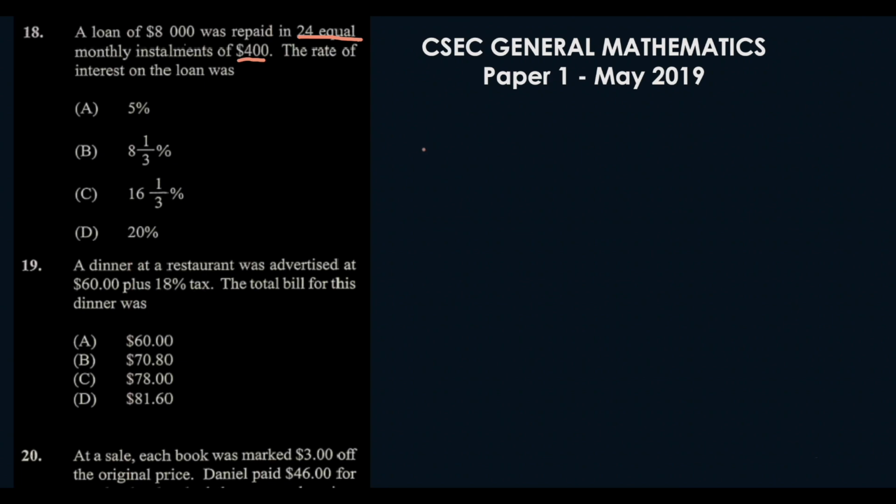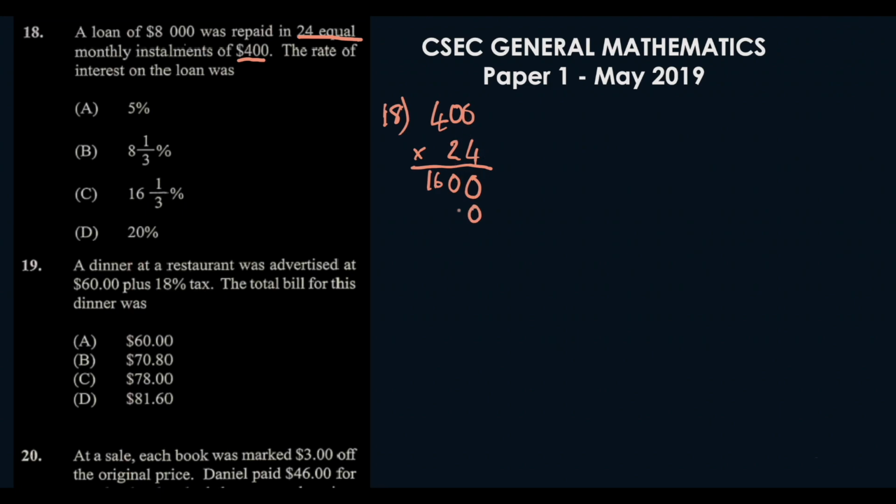So we have a loan of 8,000 repaid at 24 months with 400 per month. So 400 times 24, that would be 4 times 0, which is 0. 4 times 0 again, 0. 4 times 4, 16. So we have 0 now.